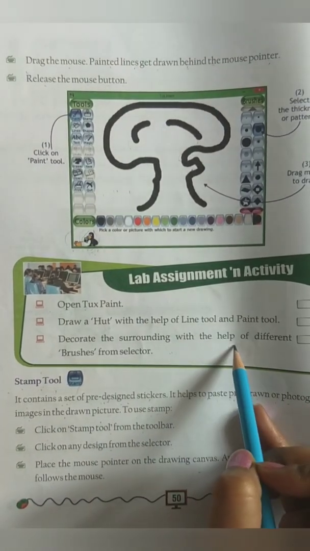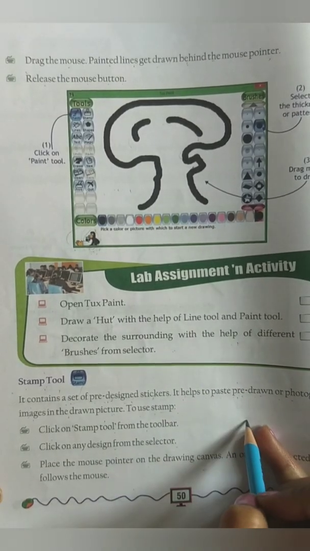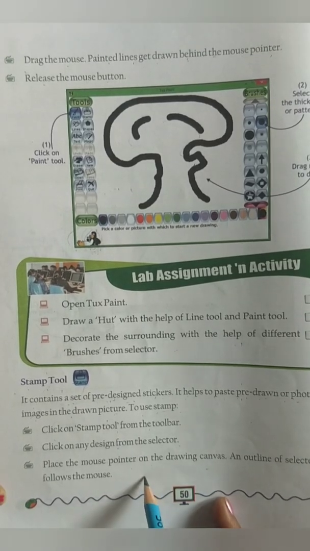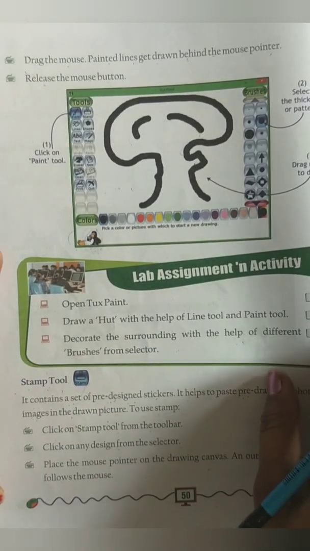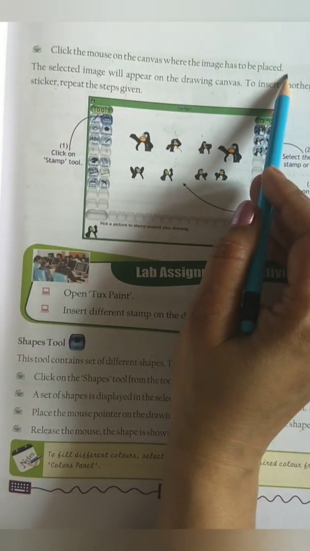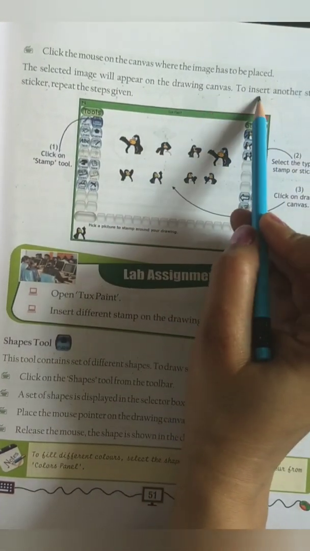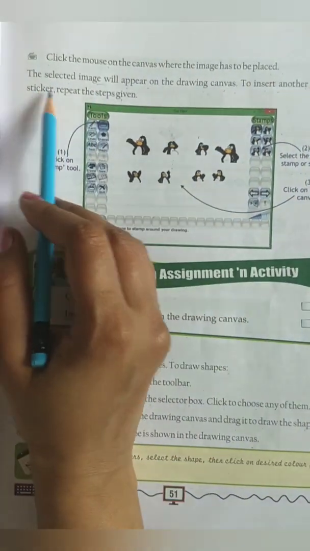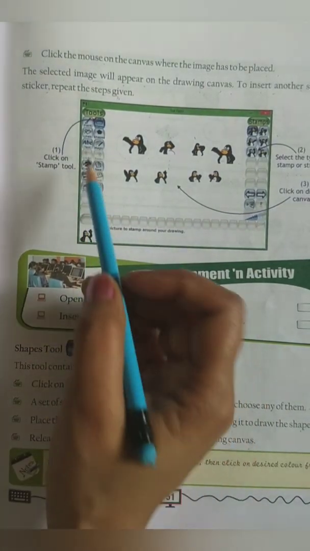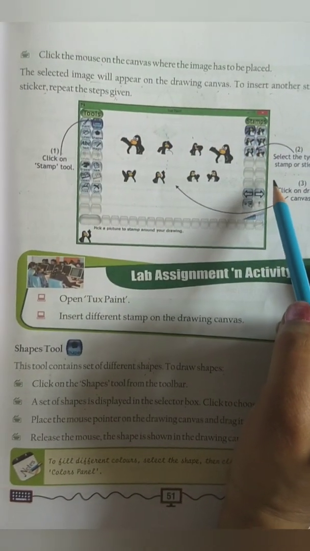From there, you can select your desired picture or the design, and then you can bring the mouse pointer on the drawing canvas and you can use it in your drawing. Click the mouse on the canvas where the image has to be placed. The selected image will appear on the drawing canvas. To insert another stamp or sticker, repeat the steps given. So children, as I told, as soon as you select the stamp tool, a selector will appear on the right hand side.